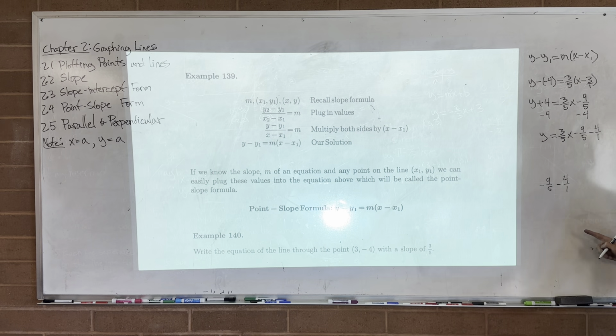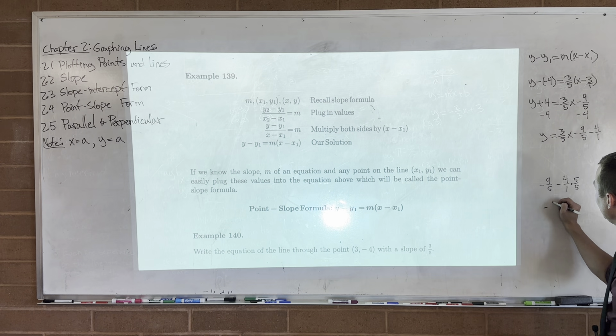The common denominator between 5 and 1 is 5. So I need to multiply this number top and bottom by 5, giving 20 over 5. I just multiplied it by 1, which doesn't change the number. That's why this is legal.